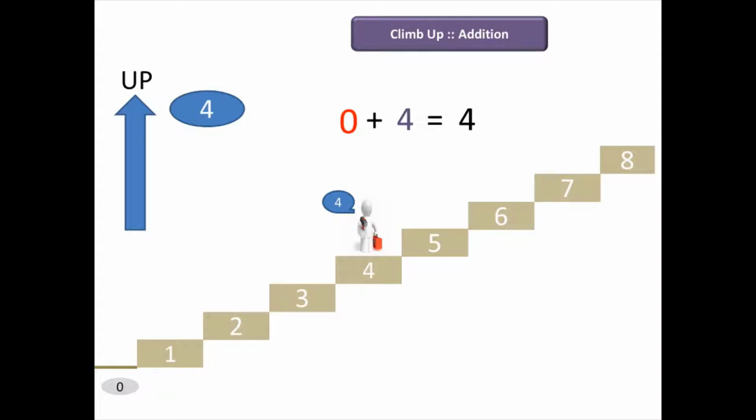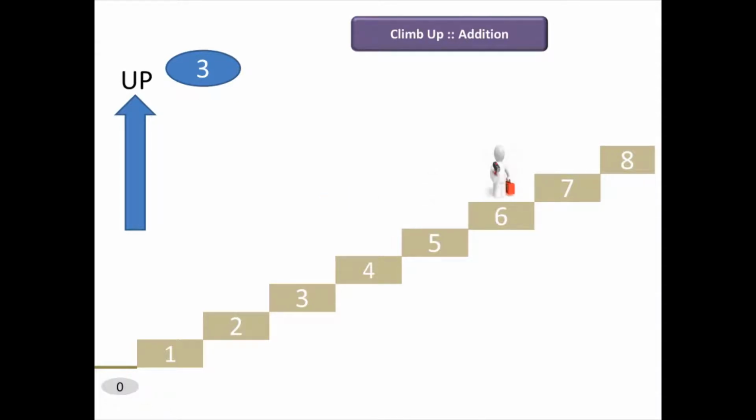Okay, understood? Now let's take one more thing, that he is currently on 4th floor and again he has to climb up by 3 floors. How many floors now he has to climb up? 3 floors. So he again starts 1 2 3. Okay, so he was on 4th floor and he climbed up 3 floors.